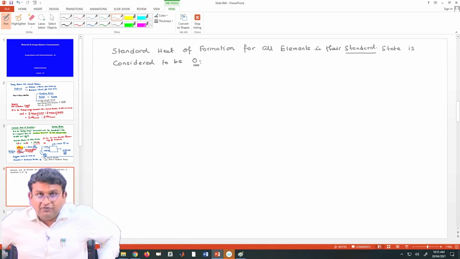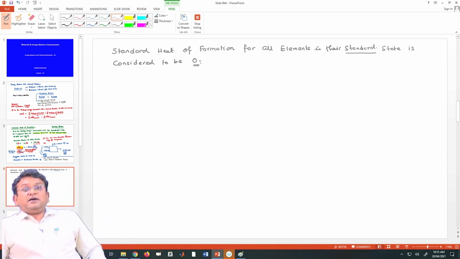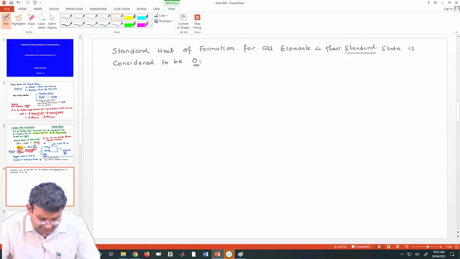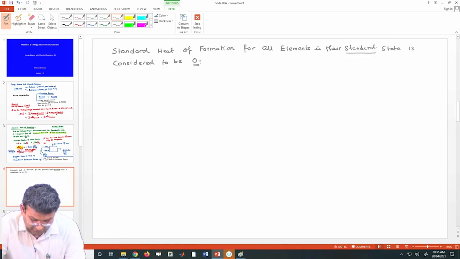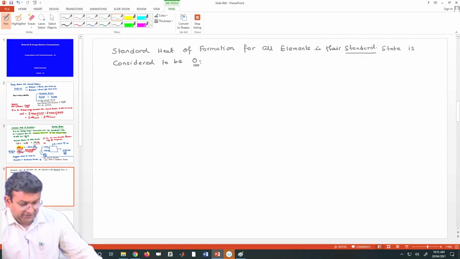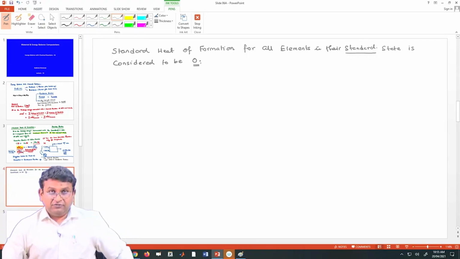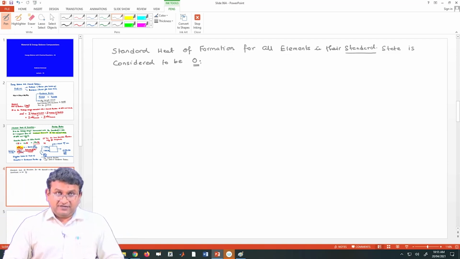Now, this is something we often forget, right. This you must remember that whatever heat of reaction value or heat of formation value you are writing, this rides on this assumption.